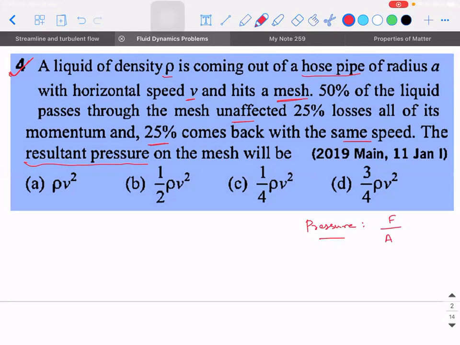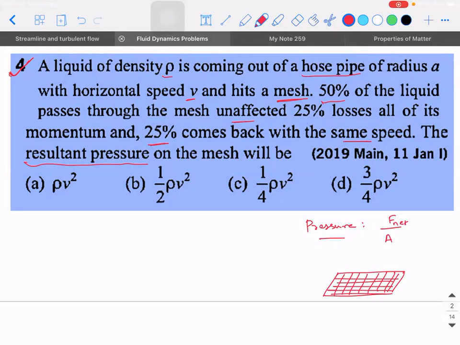They're asking the net pressure. If I calculate the net force that is acting on the mesh, I hope you understood this, right? Mesh is something like this. It's a wired, you can think of it like a wire gauge. On this mesh, there is water falling. Let's say 10 drops of water are falling. 5 drops of water are passing through the mesh unaffected, means their velocity is not changing.